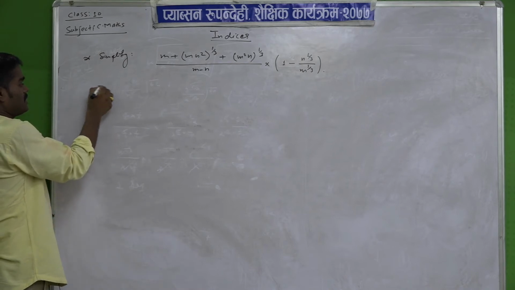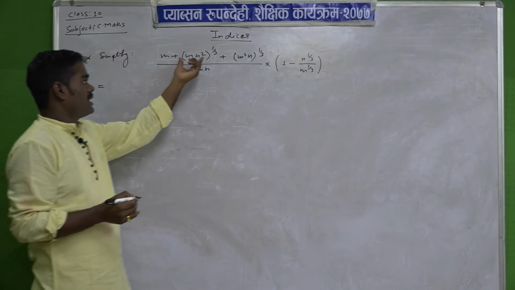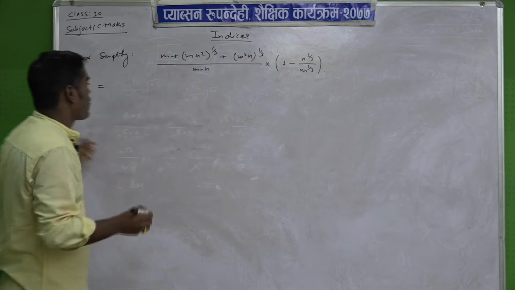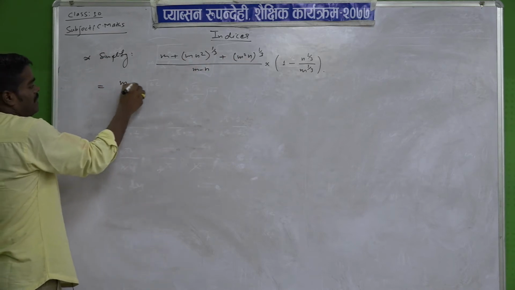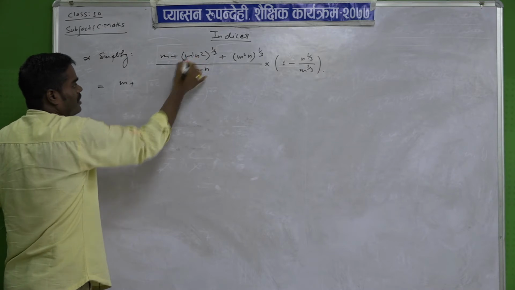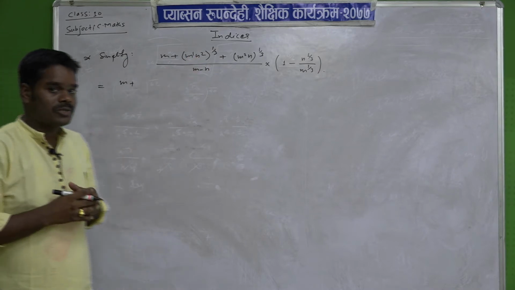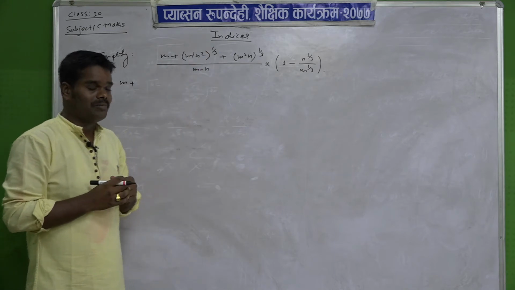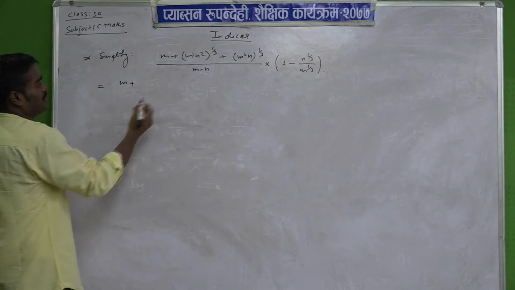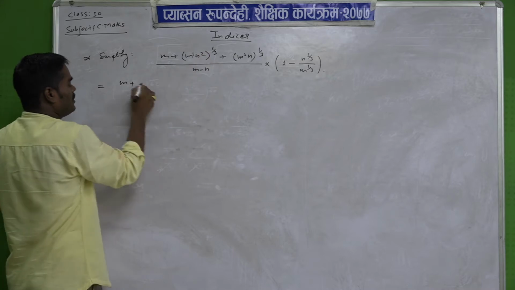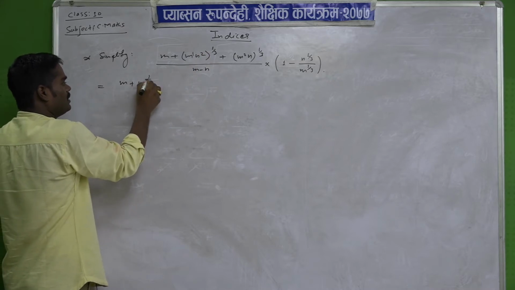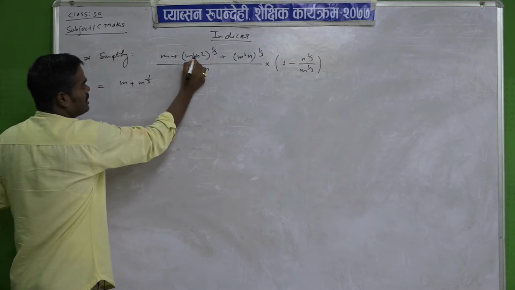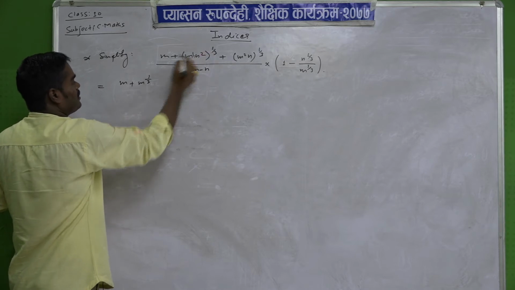First open this bracket, this and this. So m plus, you know what is the power of m here? 1. So you have to use the law, if power over power, then they are multiplied. So here 1 into 1, 3 into 1 is 3, and downside is what? 1. So 1 into 1, 3 into 1 is 3.